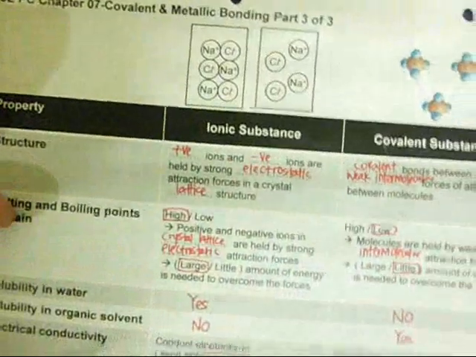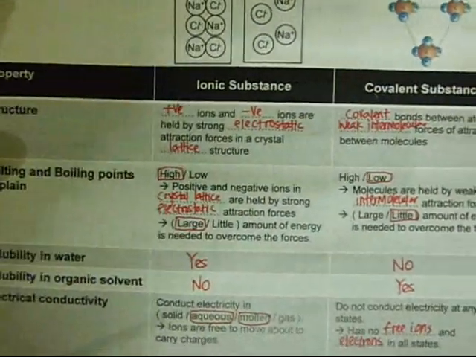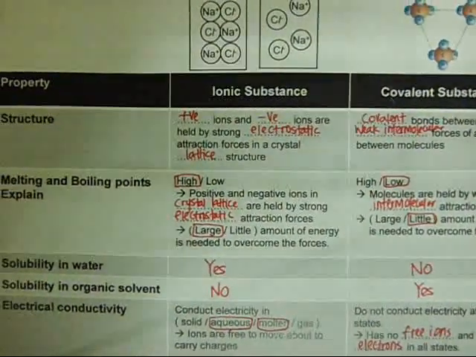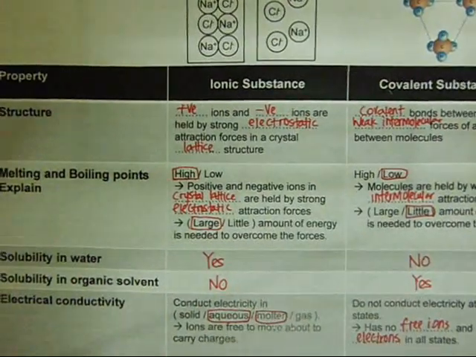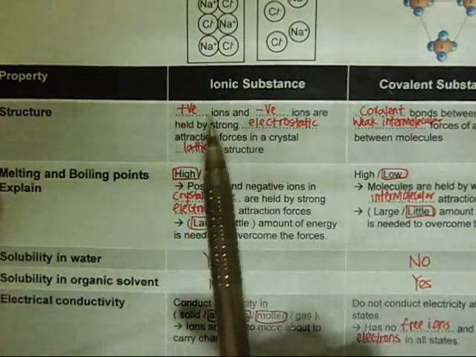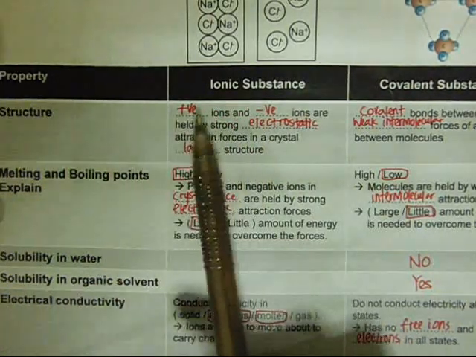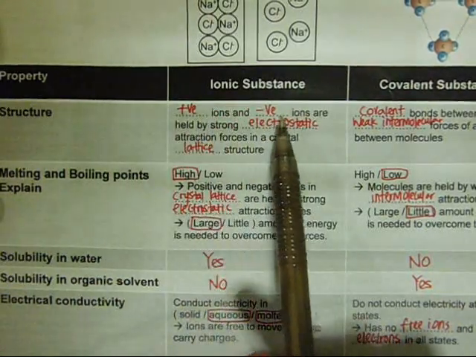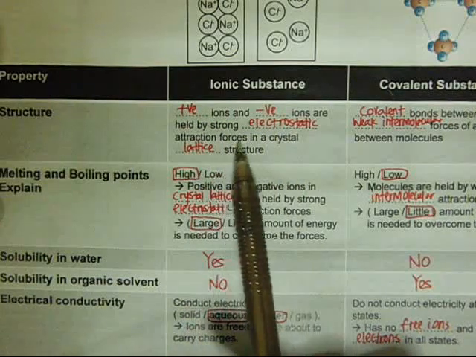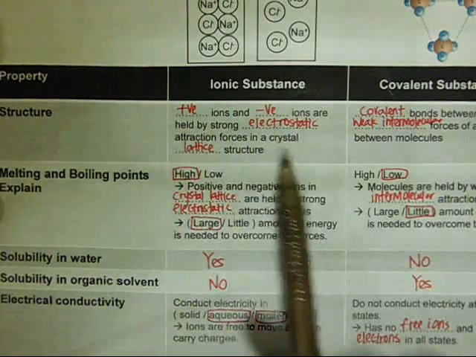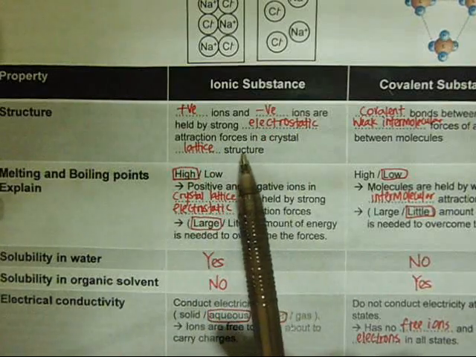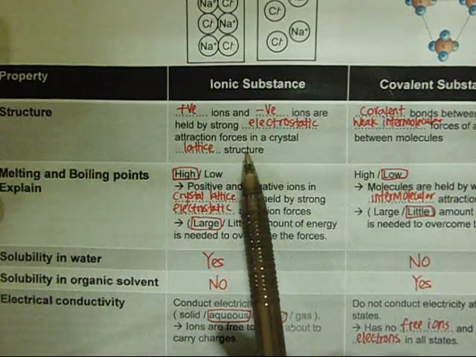Now this table shows the comparison between ionic substance and covalent substance. So basically for structure, in ionic substance, positive ions and negative ions are held by strong electrostatic attraction forces in a crystal lattice structure. What are the things inside the crystal lattice structure?